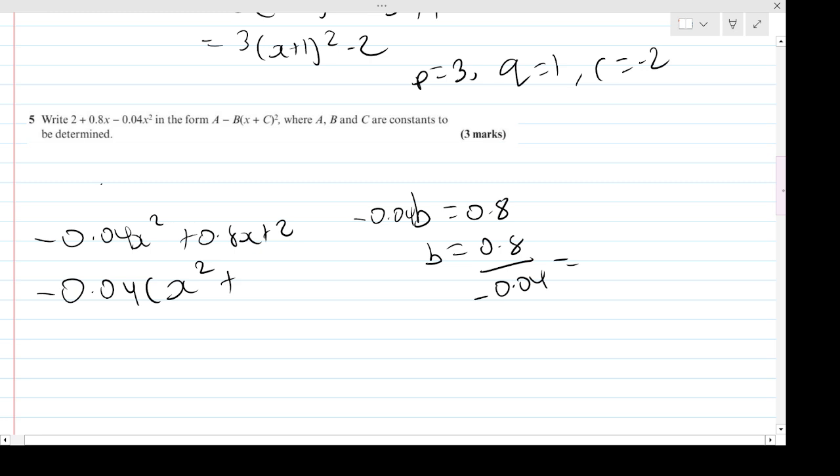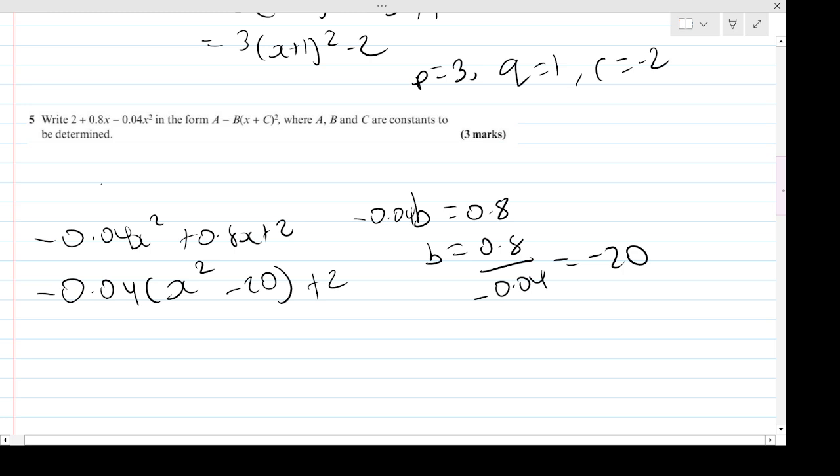And so if you work that out on the calculator, that would be 20. So it'd be minus 20, so that we can put in here. Cool. And then we add this plus 2 at the end, right? We don't need to worry about that, it's just a number we add on at the end.